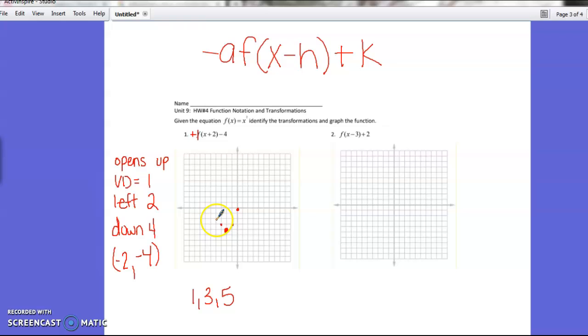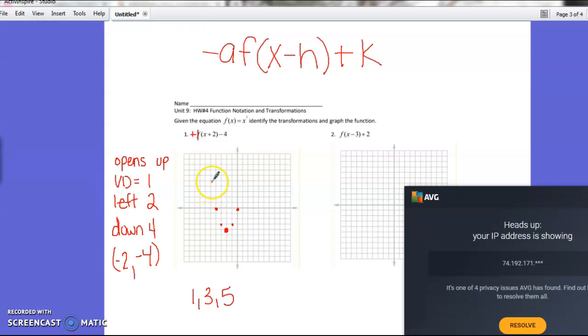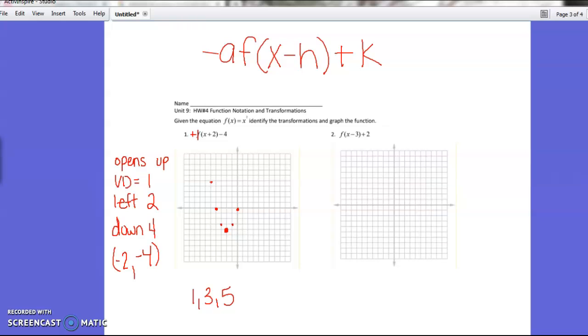So from here, go over 1, 1, 2, 3. And then I can go over another one and go up 5. 1, 2, 3, 4, 5. Over 1, 1, 2, 3, 4, 5. And that gives me lots of points and I get a good shape.